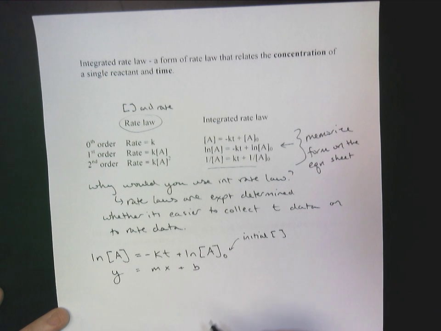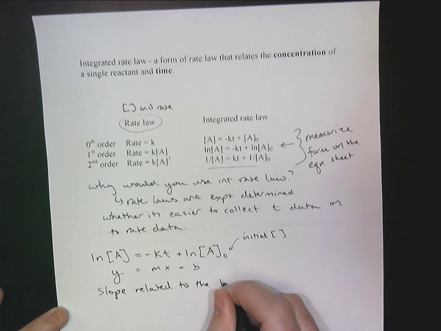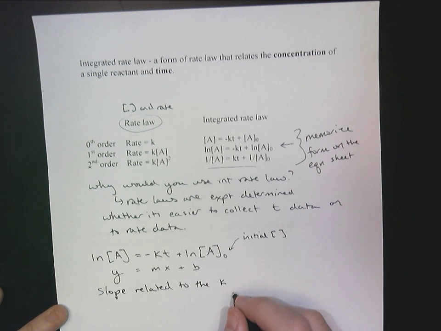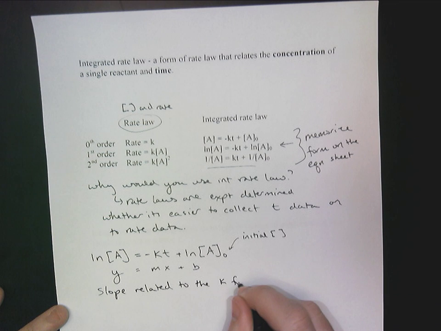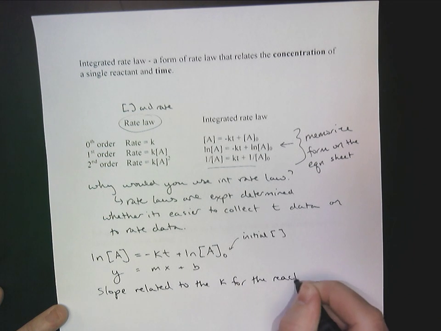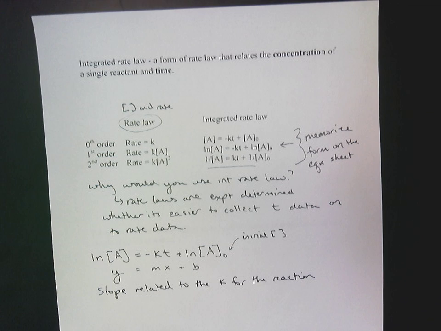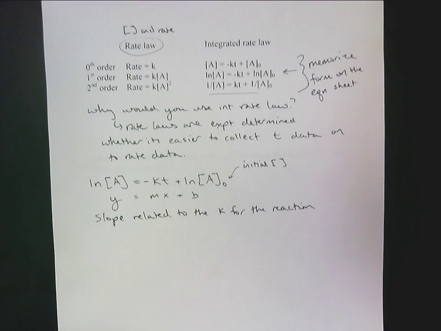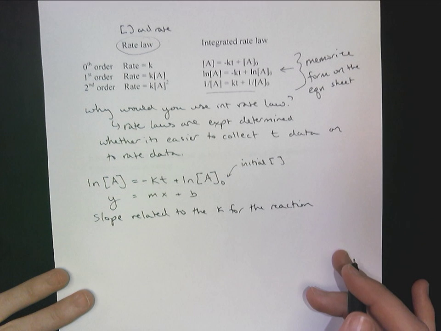And what that means is that the slope of all of these rate laws is related to the rate constant, k, for the reaction. I just said slope, so I'm getting a little bit ahead of myself here. This also kind of leads us to what kind of data I would be dealing with if I was looking at an integrated rate law problem and how I would deal with it.